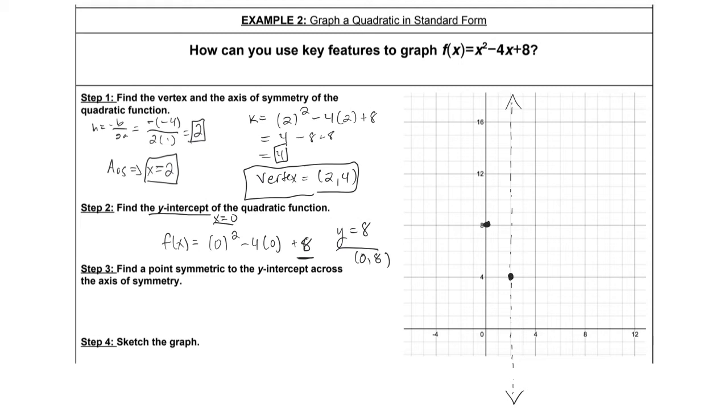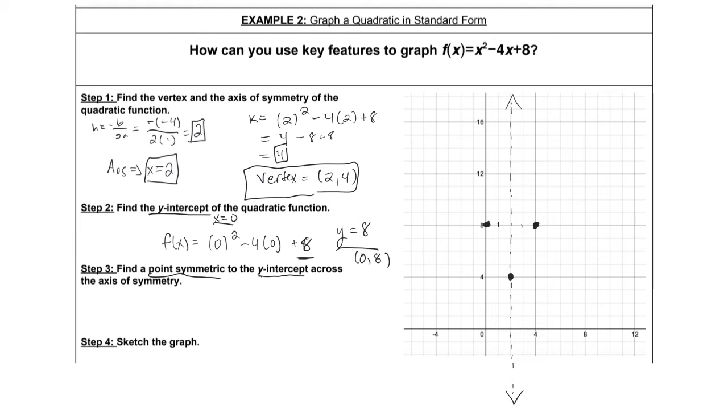Right? And now we need to find the point. The next thing is to find the point that's symmetric. So it's going to have the same y value as the y-intercept, and it's going to be the same distance from the axis of symmetry, just on the opposite side. So we can see 0, 8 is 2 to the left of the axis of symmetry. So our point symmetric to this is 2 to the right. And then we plot that point, right?